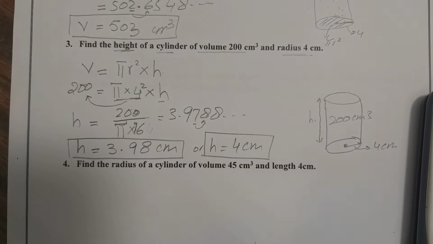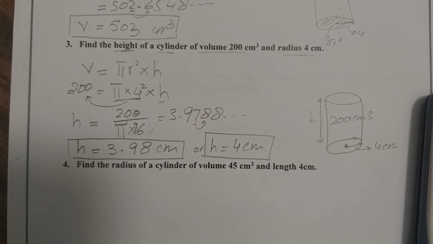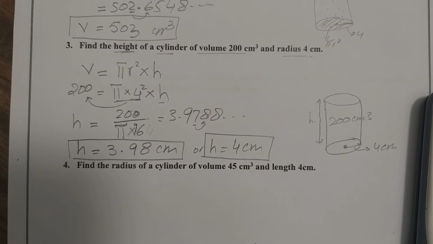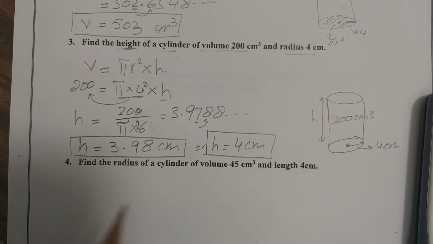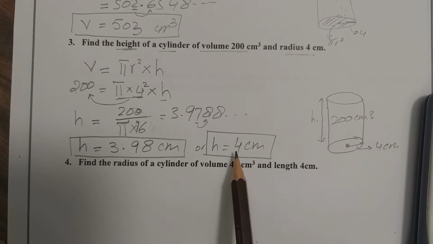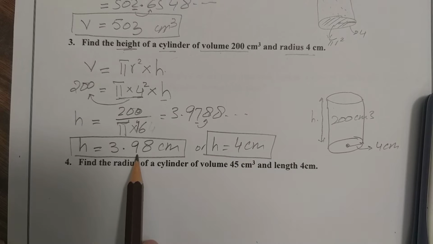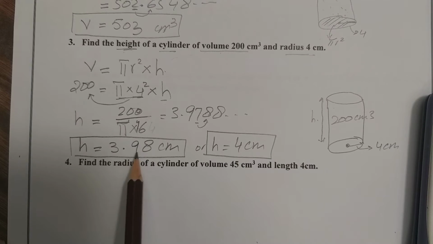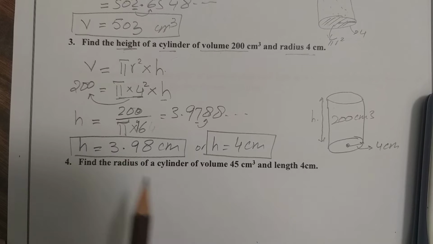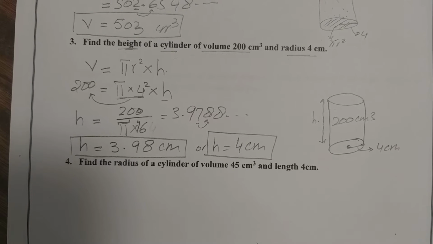It's up to you, but if the question says write the answer in three significant figures, then you go for three significant figures. Normally we take the height near a whole number, a half number or a quarter number, but it's very near to 4, so that's why I just make it 4.